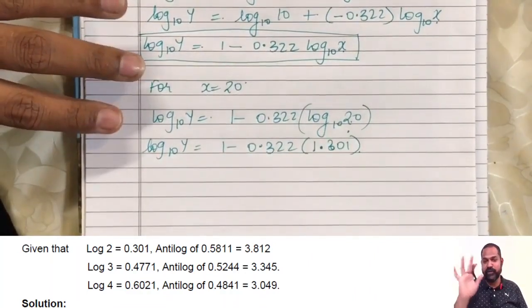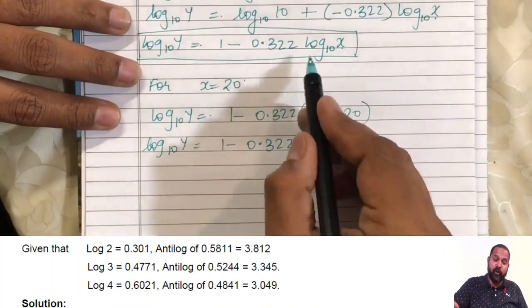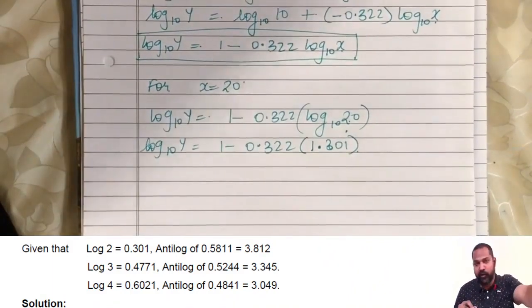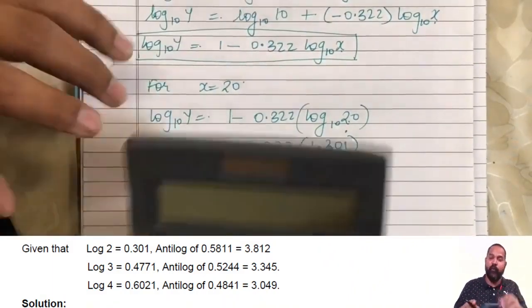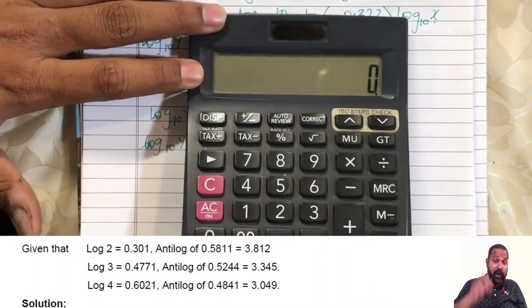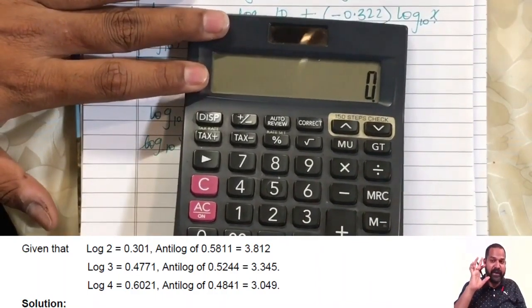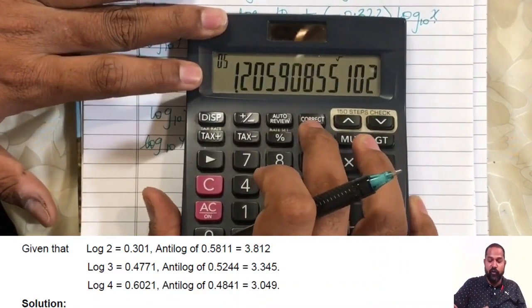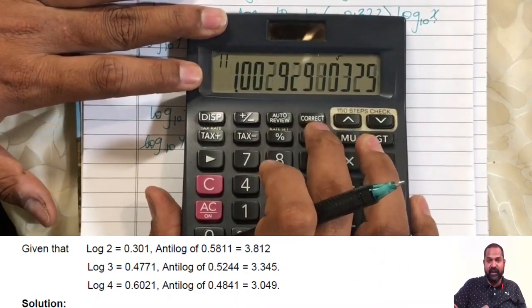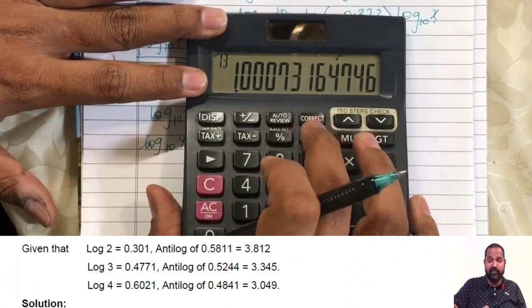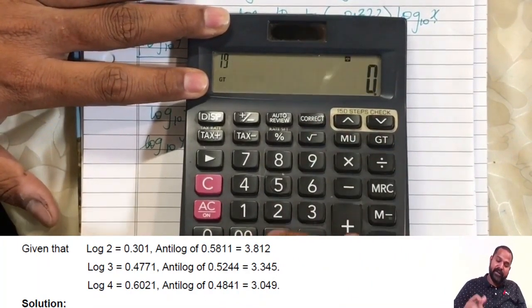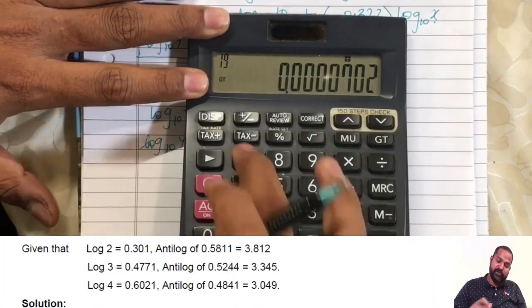Or you can finish it in the calculator also, because it is log to the base 10. You could have found log 20 in your calculator, you would have got 1.301. So you are 100% sure that whatever you are writing is correct.